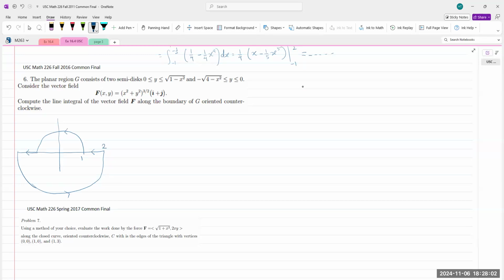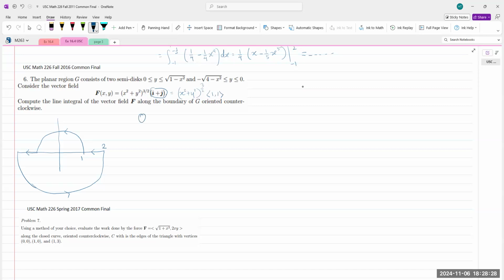Compute the line integral along the boundary of G oriented counterclockwise. So I will use Green's theorem, okay. Now, if you interpret this here, notice that this is basically x squared plus y squared to the power of 3/2 of 1, 1. Okay, that's what the notation means.